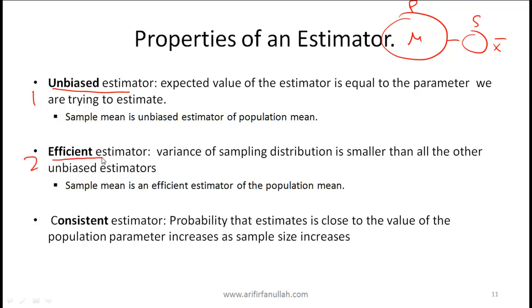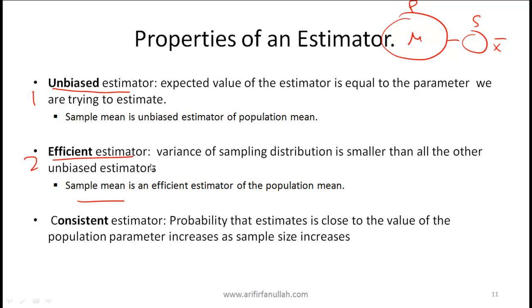Number 2, efficient estimator. This is where the variance of the sampling distribution is smaller than all other unbiased estimators. As an example, mode and median might be other unbiased estimators, but the variance of the sample mean is less than the variance of the other estimators, making the sample mean the most efficient estimator.